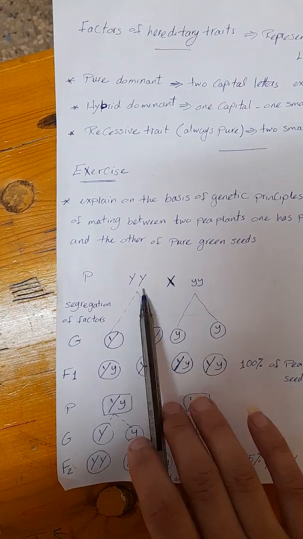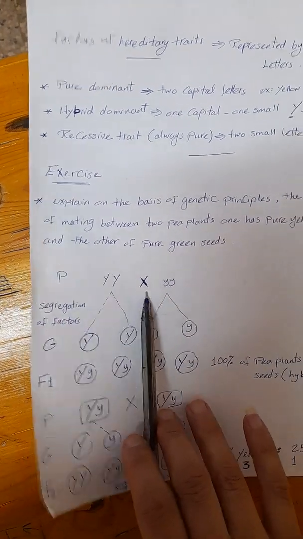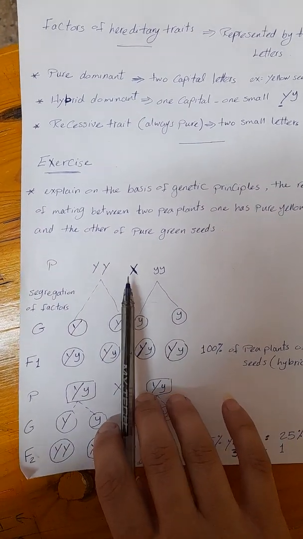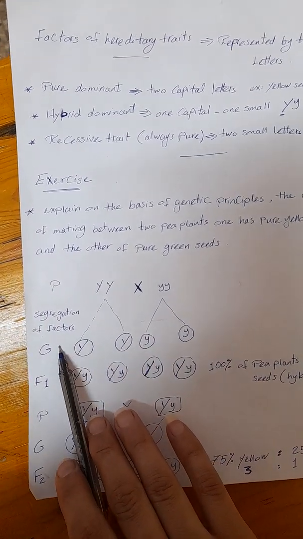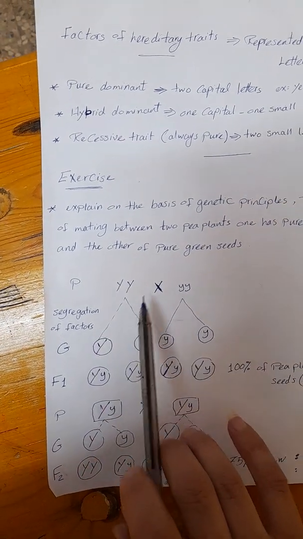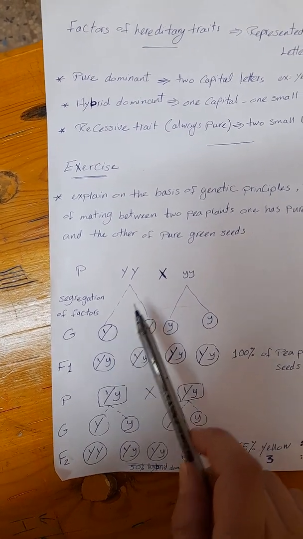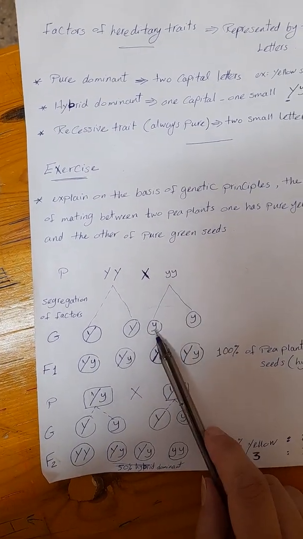These plants are the parents. On mating between these plants, gametes are formed, or segregation of factors occurs, as follows. Each two factors are separated: capital Y, capital Y, small y, small y.